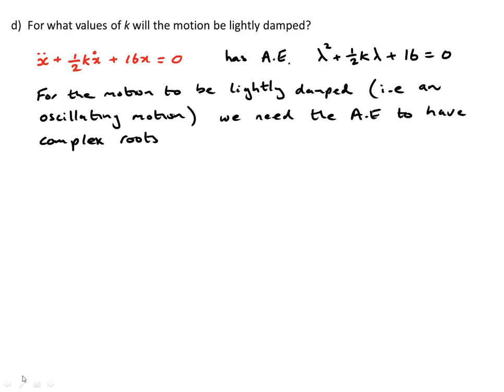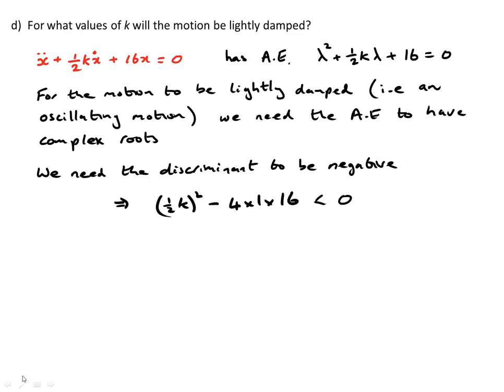In other words, we know that b squared minus 4ac must be negative. The discriminant must be negative. So we've got a half k squared, take away 4 times 1 times 16 must be negative.